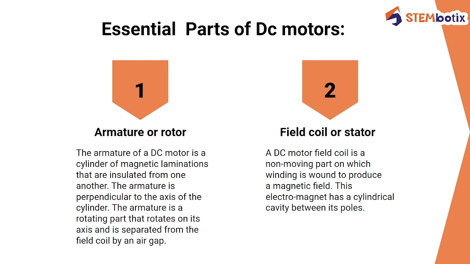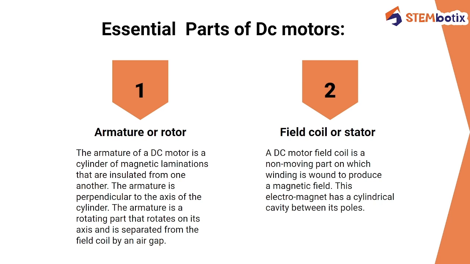And this armature is the rotary part of your DC motor that rotates on its axis, and it is separated from the field coil by an air gap. Now the second is the field coil or stator. A DC motor field coil is a non-moving part on which winding is wound to produce a magnetic field.